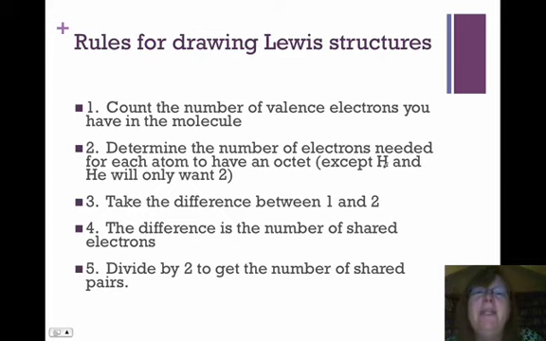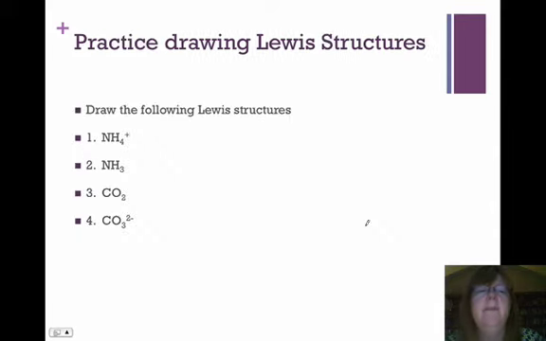But sometimes it gets a little bit tricky, and so there's a set of rules for drawing Lewis structures. And so here they are. I'm not going to read them to you, but you're going to want to refer back to this as you learn how to draw Lewis structures. I'll show you just an example, and then we're going to work a lot in class with this.